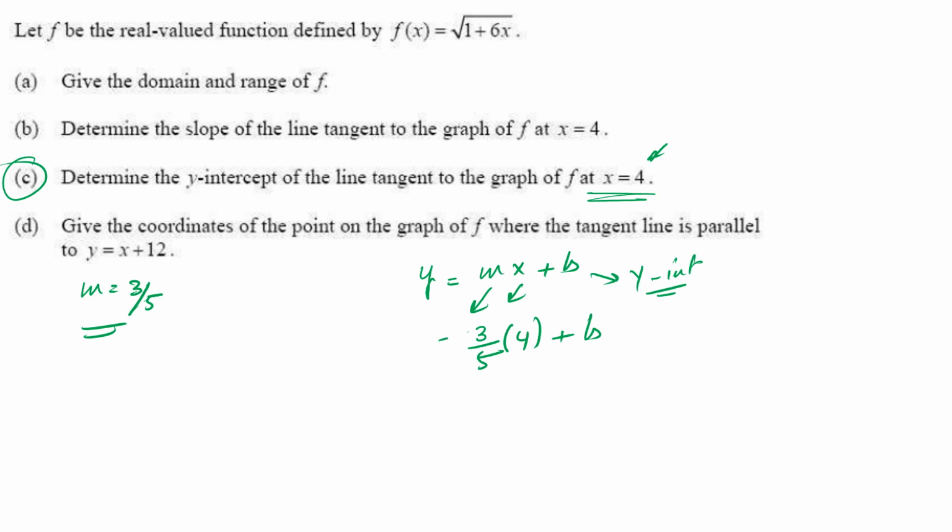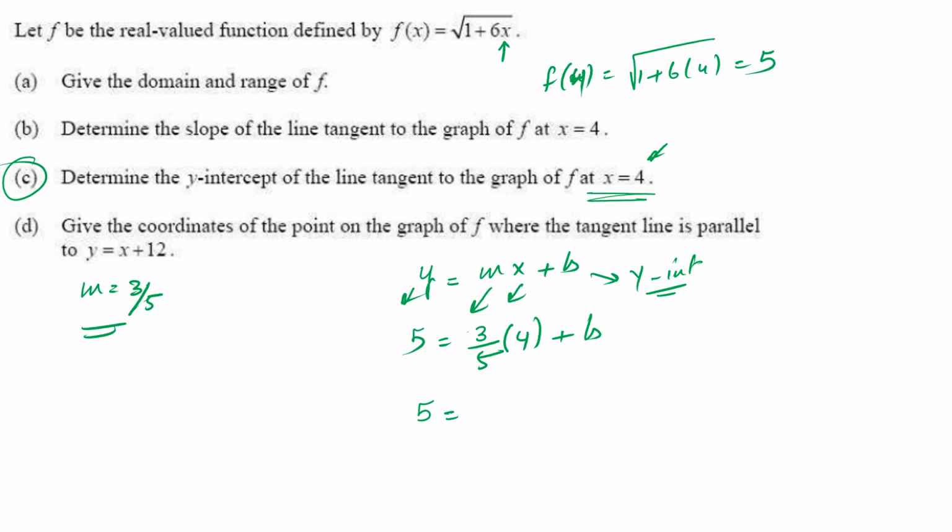Now, what is y? Of course, y is a function, right? Which means if I replace x by 4, then I will get 1 plus 6 times 4, which gives me 5. So my y is 5. Now solve for b.